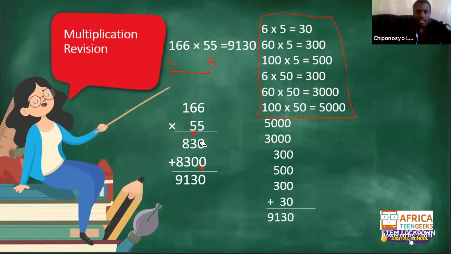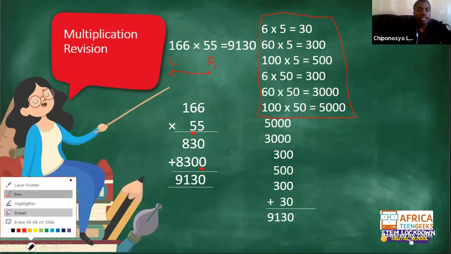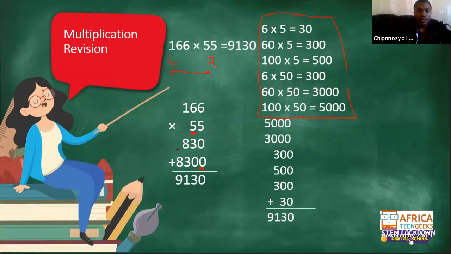Then I just add the top with the bottom. 0 plus 0 is 0. 3 plus 0 is 3. 8 plus 3 is what? 11, carry 1. 1 plus 8 is 9. 9,130. So what's important here, guys, is that you're moving from right to left.